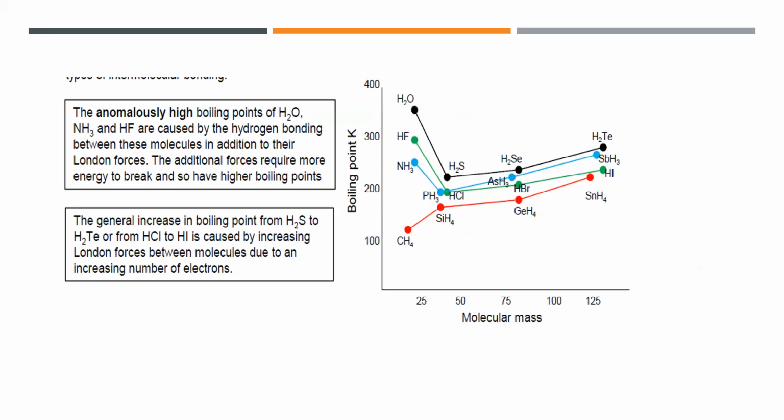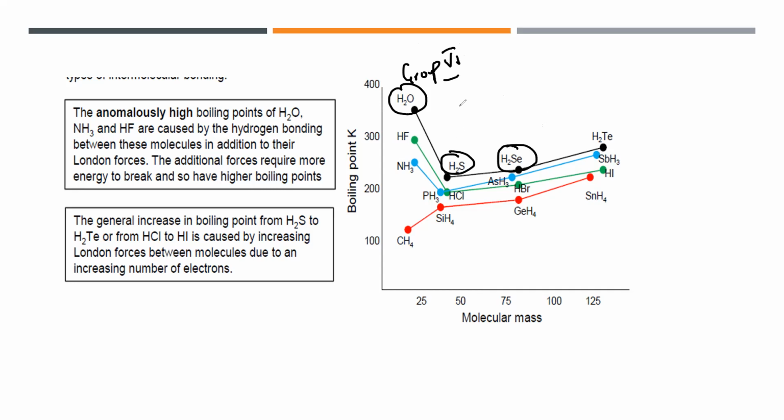So when we compare, this table is very important, you should be able to explain the idea of the hydrides of group 6, group 7, group 5, and group 4. So when you check group 6 hydrides, first we have water, then hydrogen sulfide, then hydrogen selenide.